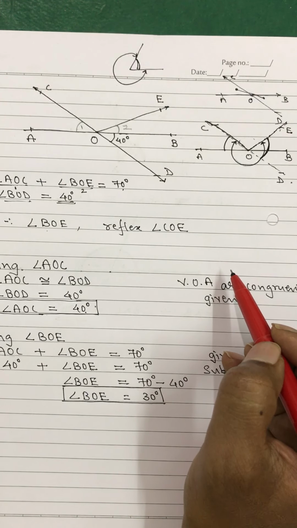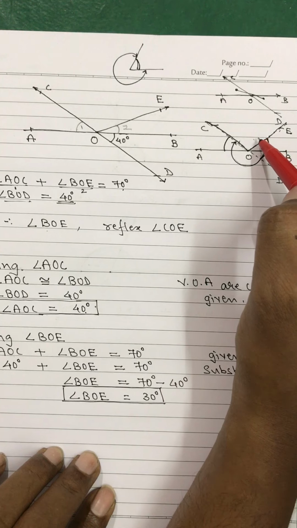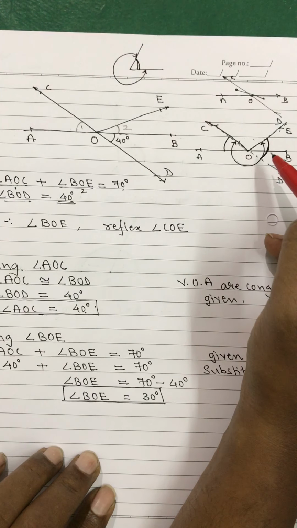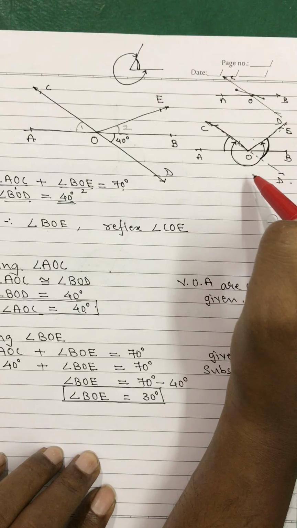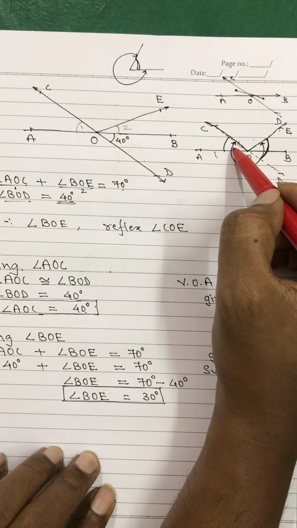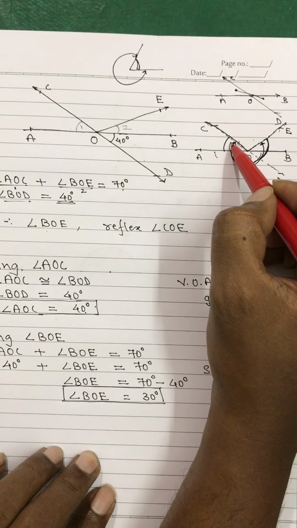Now is the question. See, you require to find this. That means you will only require to find this, after making this arc complete.